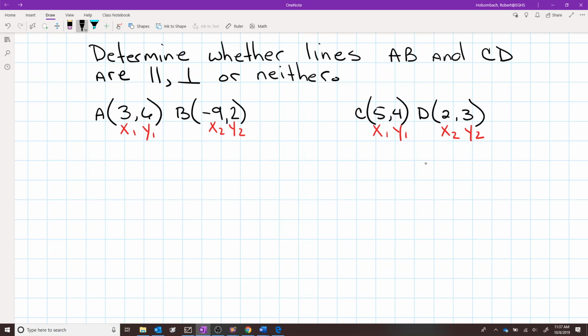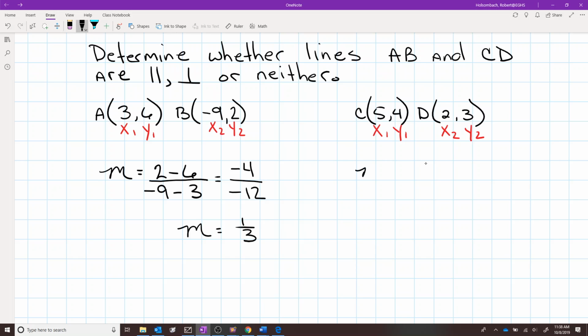That's M, right? Okay, so the slope is equal to your y sub 2 minus your y sub 1 divided by your x sub 2 minus your x sub 1 for line AB. So 2 minus 6 is negative 4. Negative 9 minus 3 is negative 12. Simplified, you got a negative divided by a negative, which is positive, and that's going to be positive 1/3.